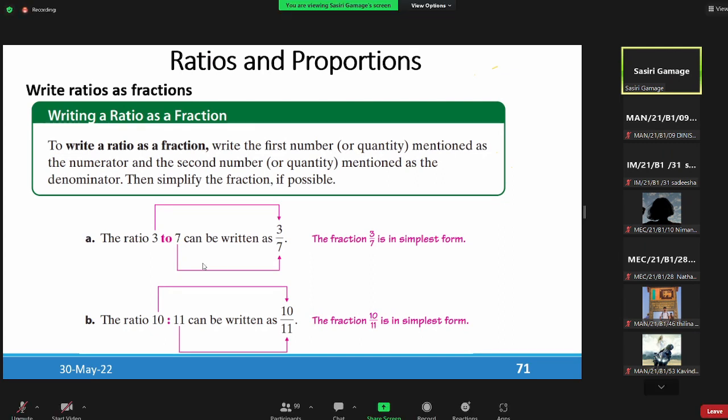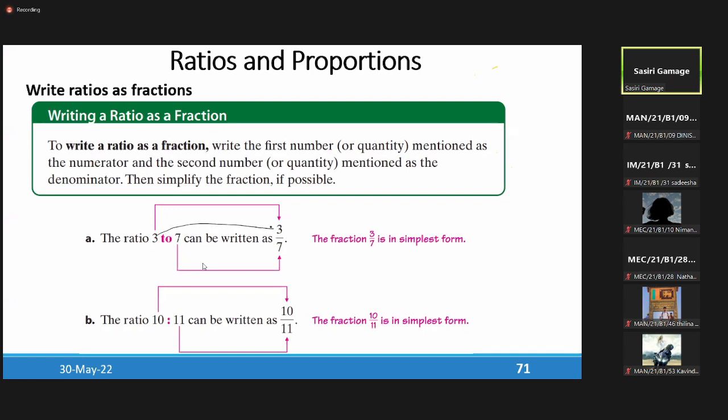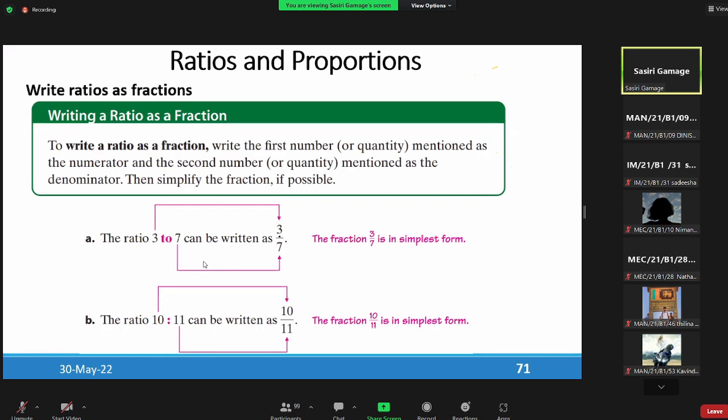Then the second number we place in the denominator. In this example, 3 to 7. The first number is 3. The first number 3 we place at the numerator. Then the second number is 7. We place it in the denominator. Then we can simplify it.